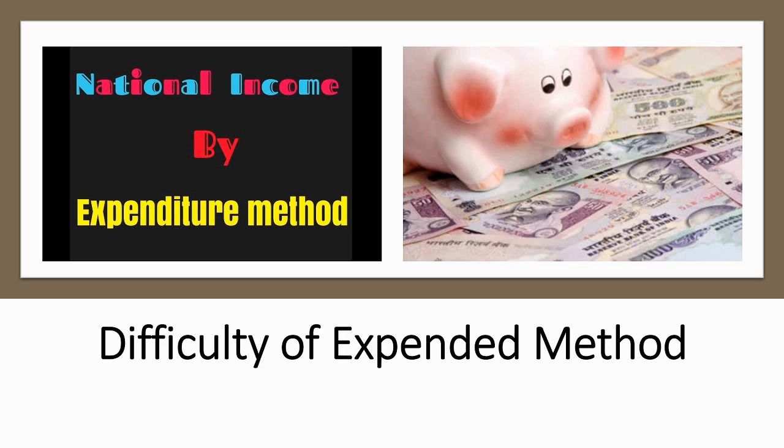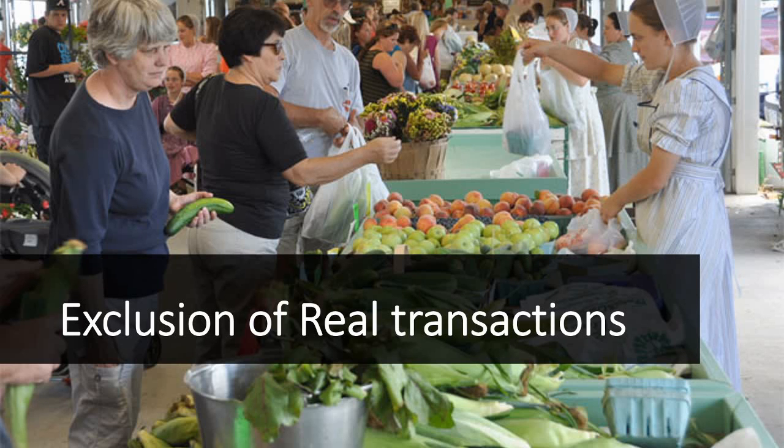Next, difficulty of the expenditure method. The application of the expenditure method is a difficult task because it is difficult to estimate all personal as well as investment expenditures. Next, exclusion of real transactions.